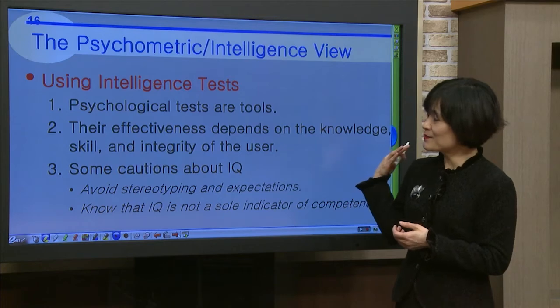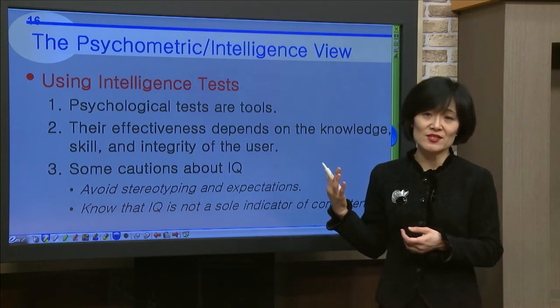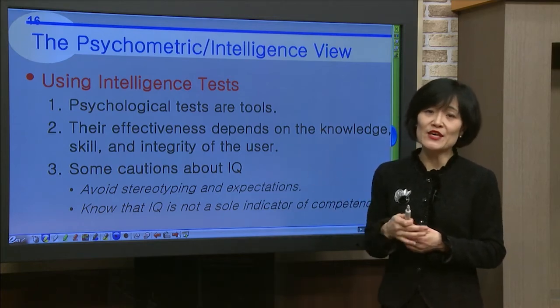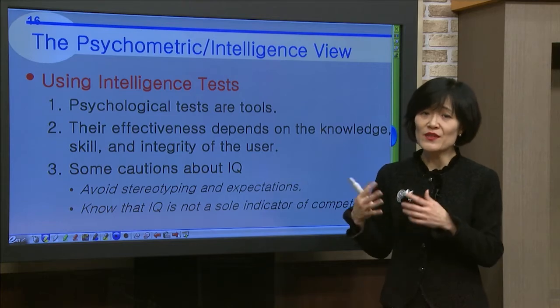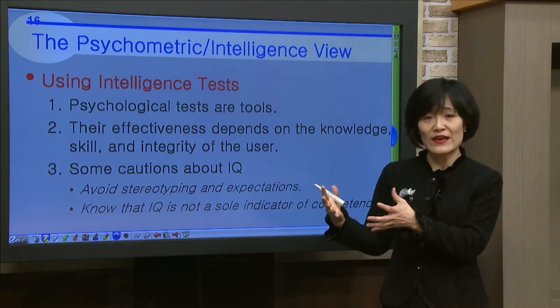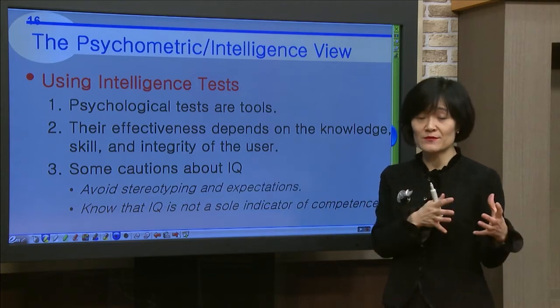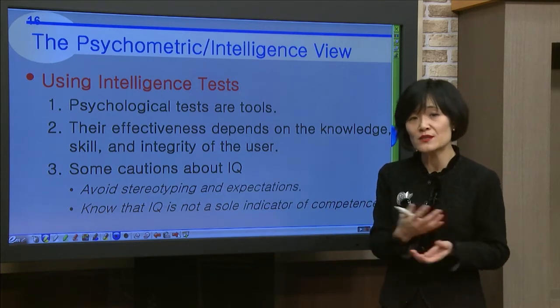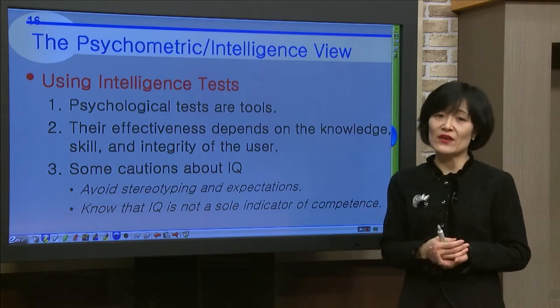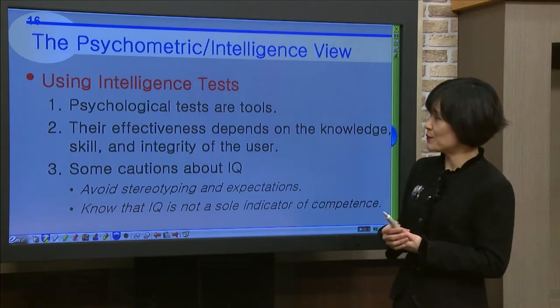But there are some warnings and dangers when we use the IQ test. Even though there was a very good motivation originally to develop the IQ test, there are some dangers and misuses of IQ. So we have to be very careful using IQ.